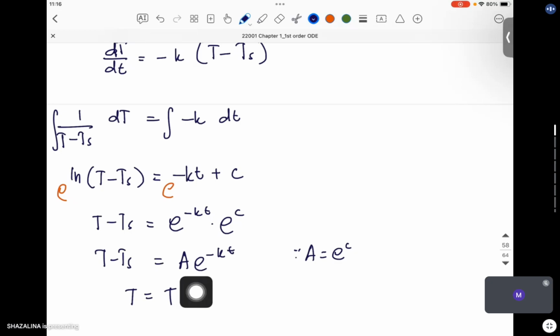Negative Ts brought to the right hand side will be positive Ts plus A exponent negative kt.